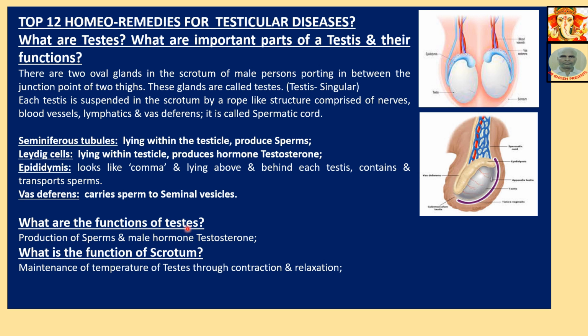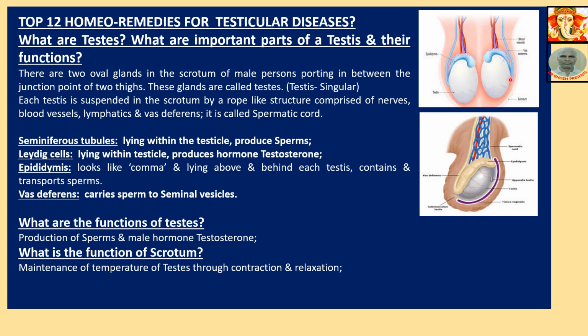What are the functions of the testis? Production of sperm and the male hormone testosterone. What is the function of the scrotum? Maintenance of the temperature of the testis through contraction and relaxation. See, the production of sperm is a very sensitive process.